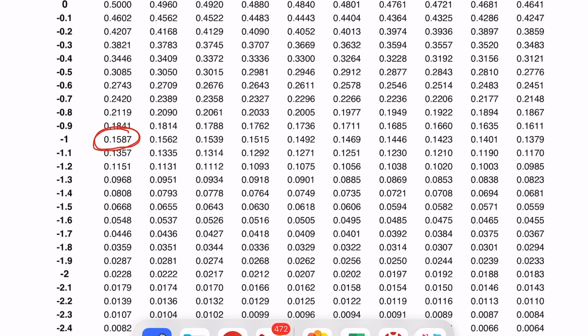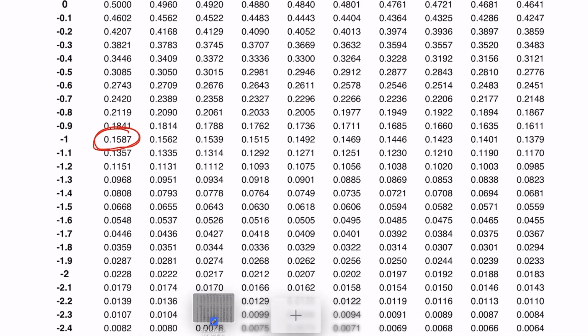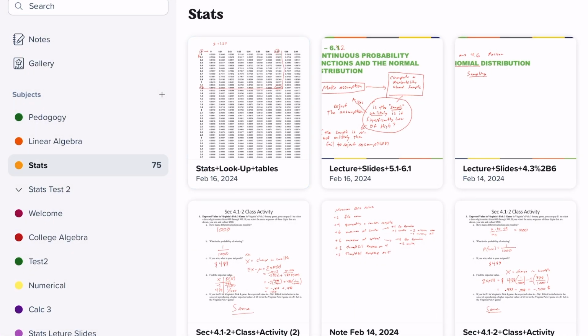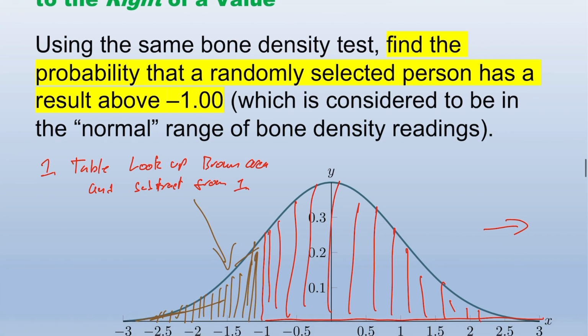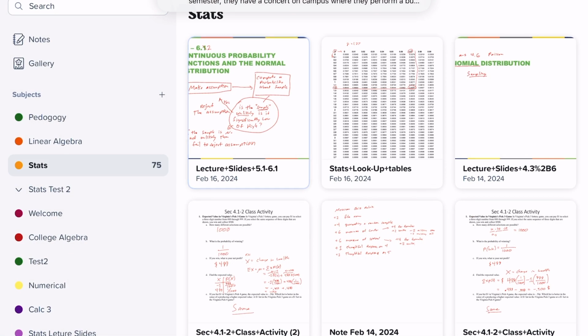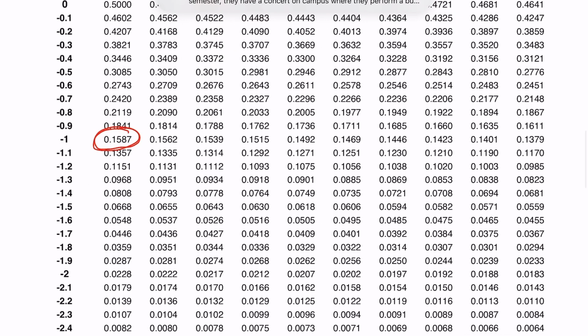It's less than a half because I'm to the left of the mean. I'm way over here, so this is less than a half. I believe that. Okay, so this is 0.15. Oh goodness, I forgot. 87.